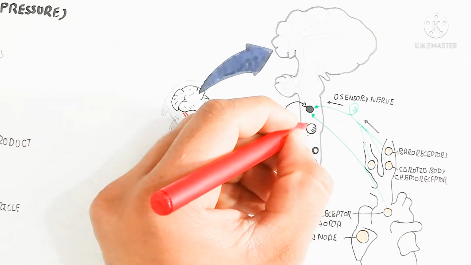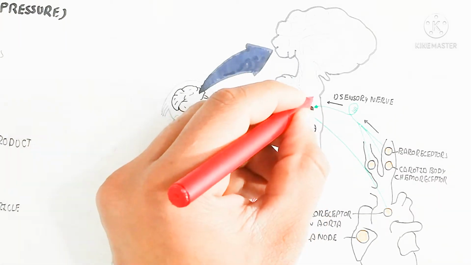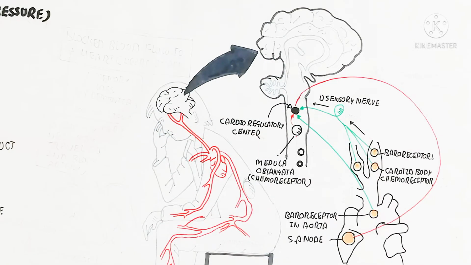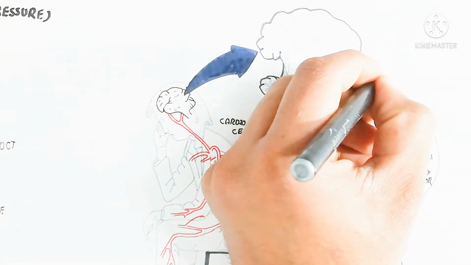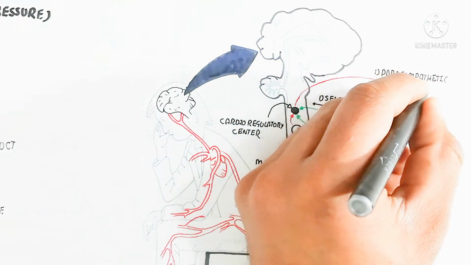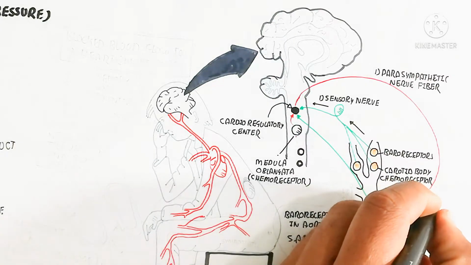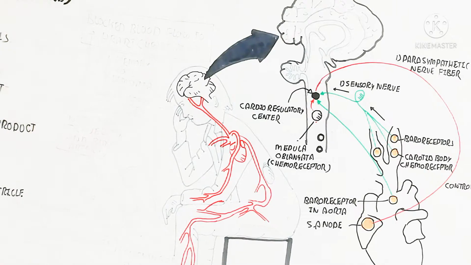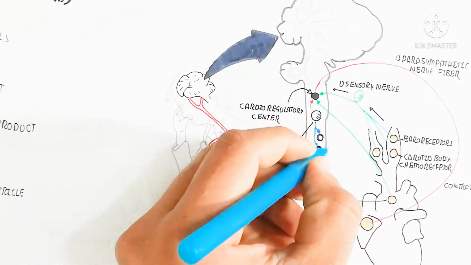After processing in the cardio-regulatory center, it will not transmit directly into the brain because the work is less, so less energy is required for the beating of the heart. That is why the control here is basically the sensory nerve, which detects the beat of the heart.